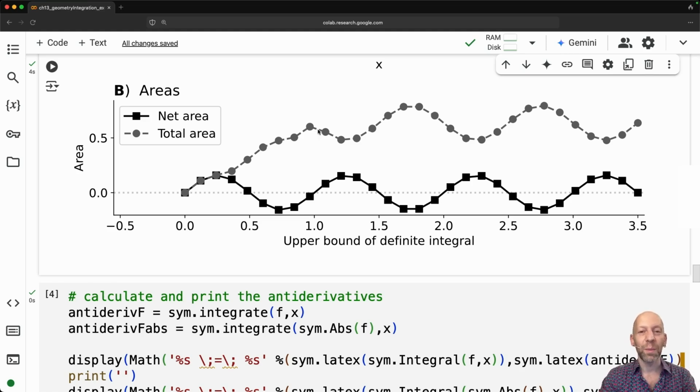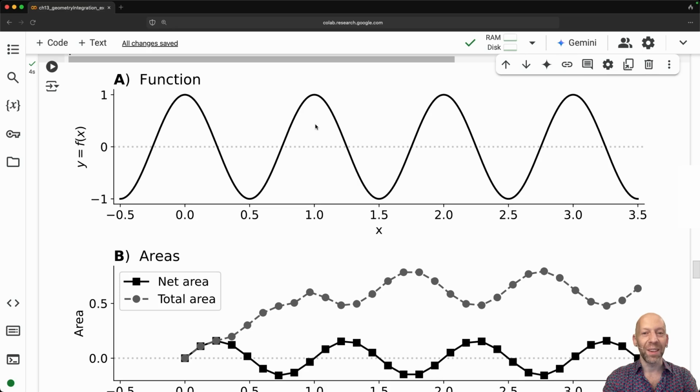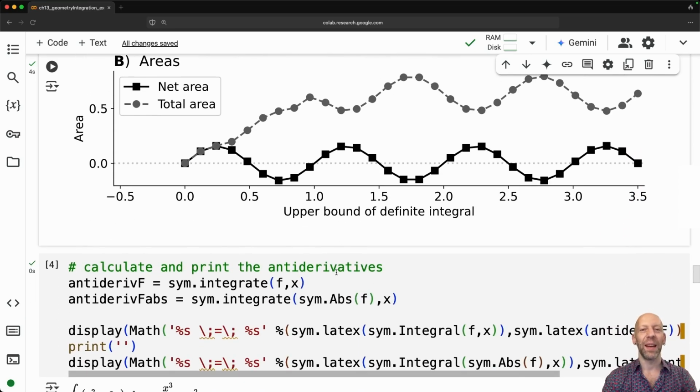So there's no possible way that when I integrate over a larger window, I have more area of the function to integrate, total absolute value, and the total area calculated by this definite integral decreases. So this is just not possible. This is something that I introduced you to in the previous exercise.